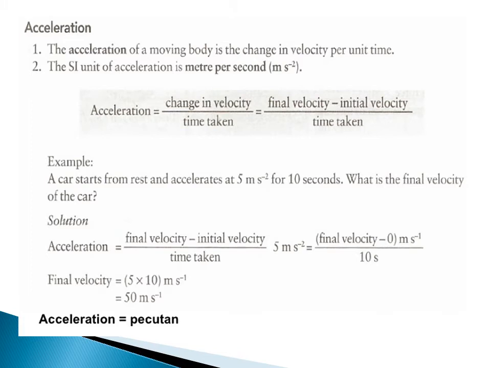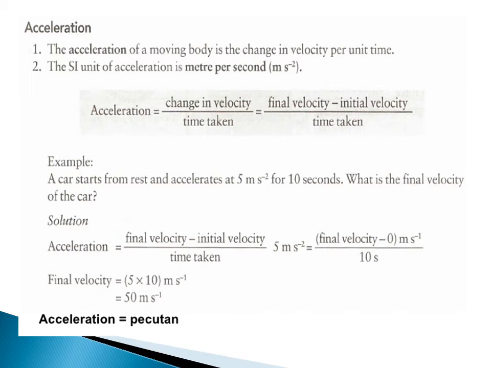A car starts from rest and accelerates at 5 meter per second squared for 10 seconds. What is the final velocity of the car? From the question, we have to take the key points. First of all, the words start from rest.